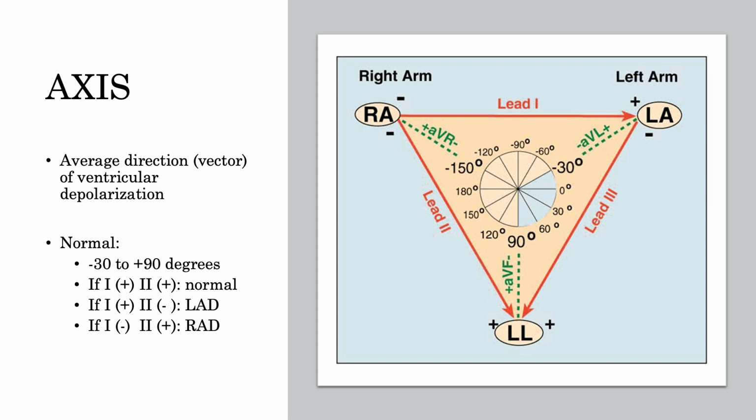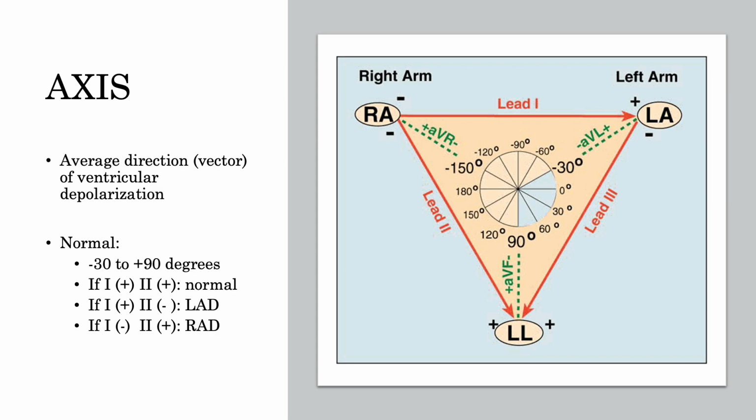If we're trying to determine what our axis is, we're going to look at the leads that are perpendicular to the leads at the angles that are of interest. We know that normal axis is -30 to +90 degrees. I see that my AVL lead runs at -30, and the perpendicular lead to that is lead 2.